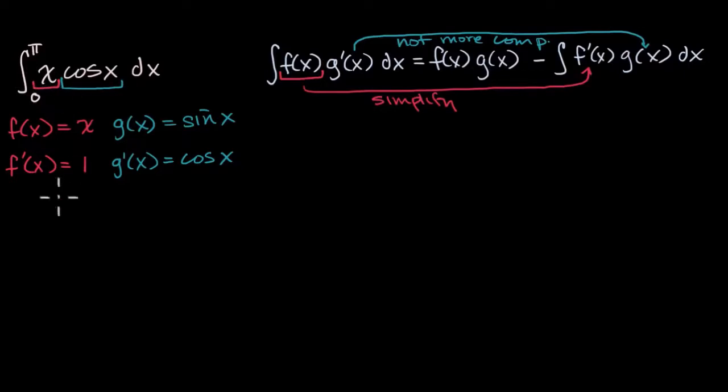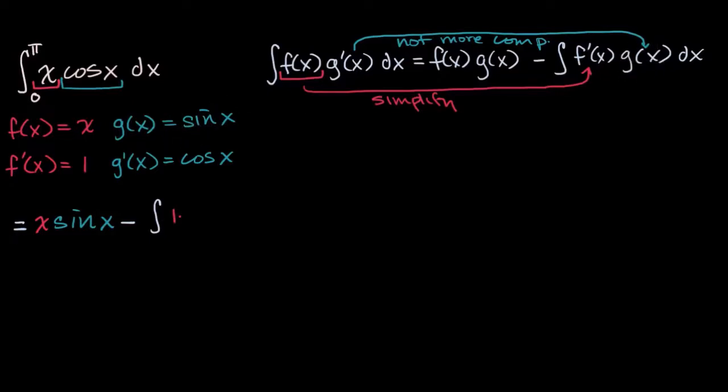In this particular case, all of this is going to be equal to, so I'm saying that is equal to this. I'm going to skip down here. It's going to be equal to f of x times g of x. So f of x is x, g of x is sine of x, f of x times g of x, minus the integral of f prime of x. F prime of x is just 1. We could write it like that. 1 times g of x.